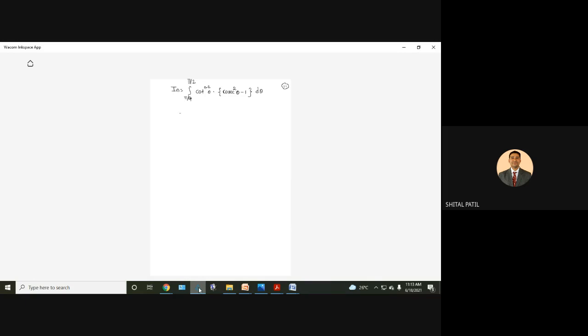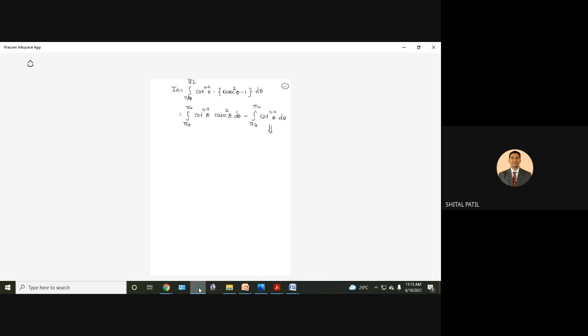Now we have two different terms like this: integral from pi by 4 to pi by 2 of cot raised to n minus 2 theta cosec square theta d theta, minus integral from pi by 4 to pi by 2 of cot raised to n minus 2 theta d theta.